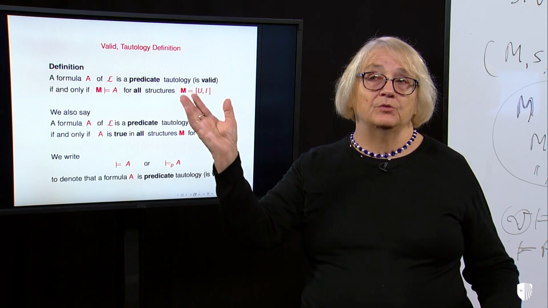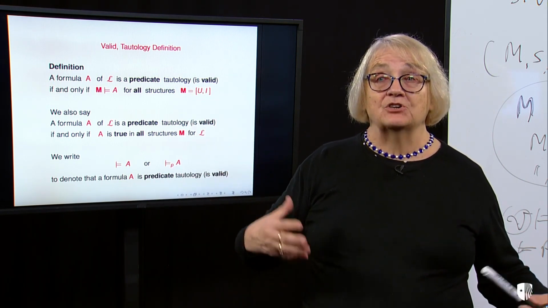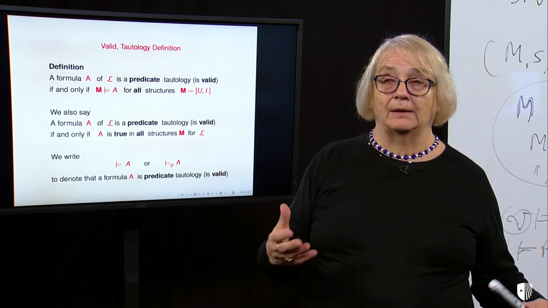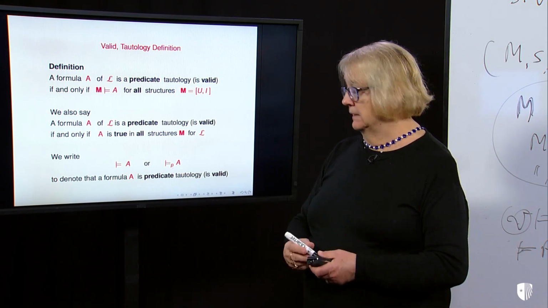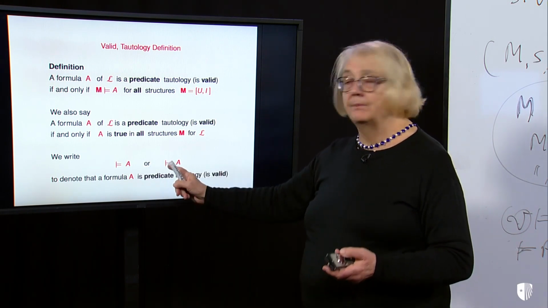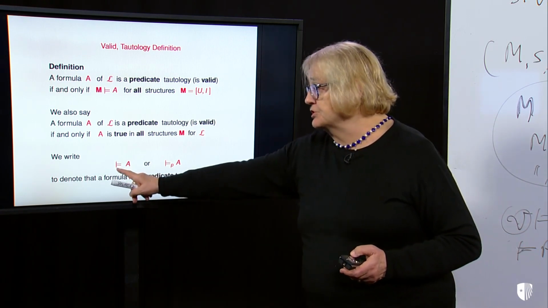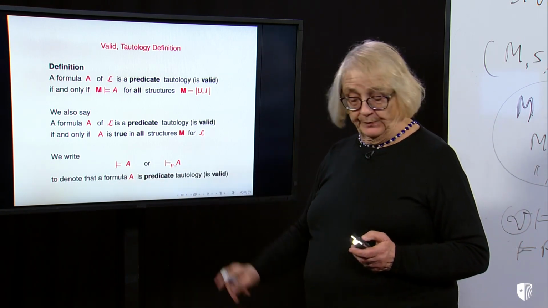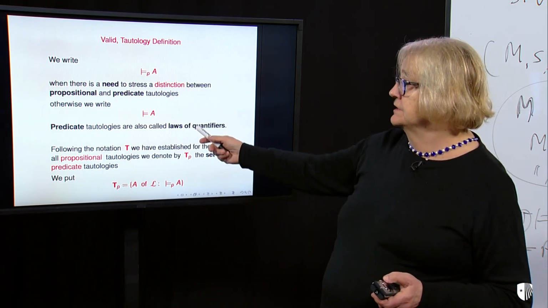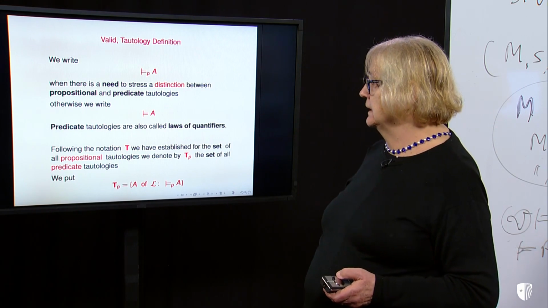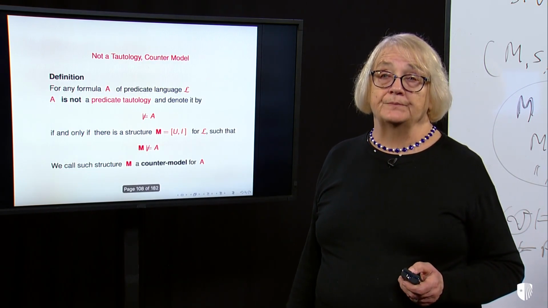So we can always use it as a general law of our logic. And we write P here for predicate tautology, to distinguish propositional and predicate tautology, and then you can have the set of all predicate tautologies.